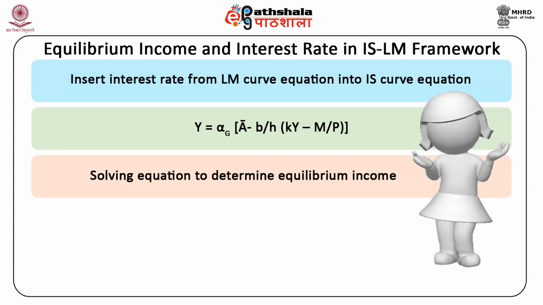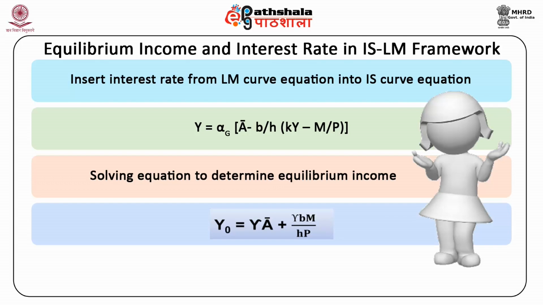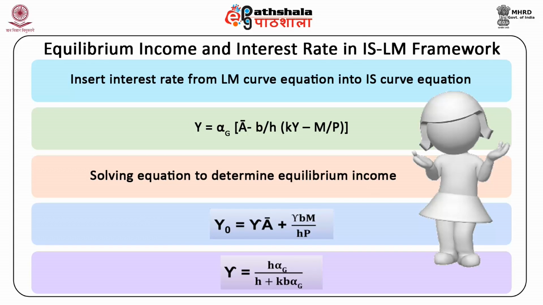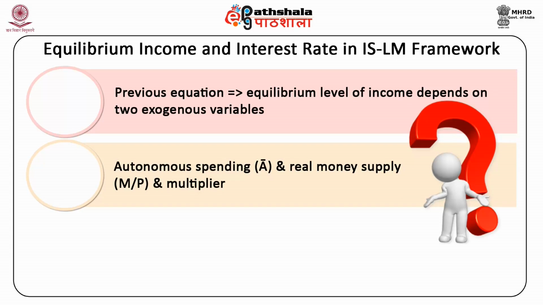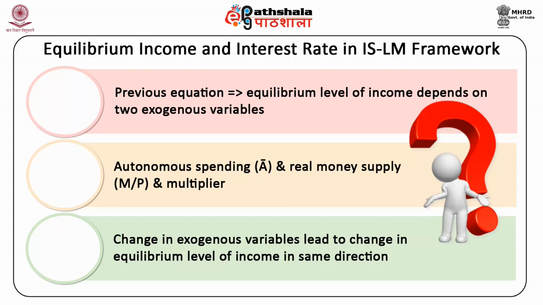Solving this equation to determine equilibrium income, we get y0 = γĀ + γb(M/(hP)), where γ = hαG/(h + kbαG). The previous equation implies that the equilibrium level of income depends on two exogenous variables, that is autonomous spending Ā and real money supply M/P, and also the multiplier. Any change in these exogenous variables will lead to a change in the equilibrium level of income in the same direction.